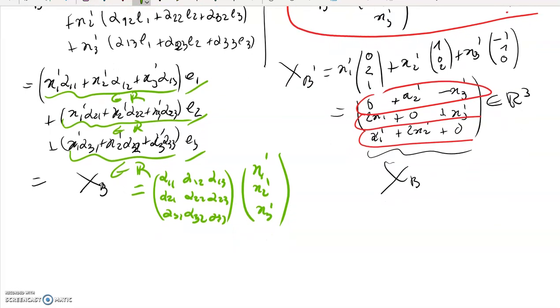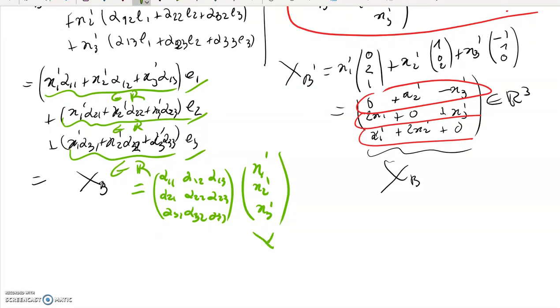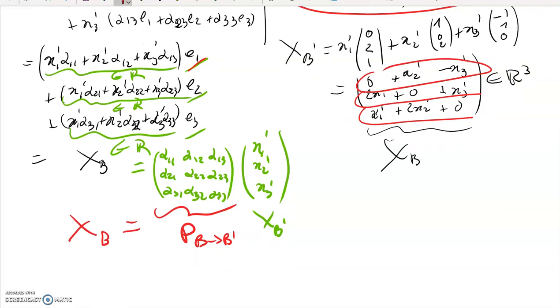Okay, so this is what we've got. This multiplies x in basis B prime, and this is what we're going to call the matrix P from B to B prime. So x expressed in basis B, as a linear combination of e1, e2, e3, can be written as this matrix times the coefficients x1 prime, x2 prime, x3 prime.